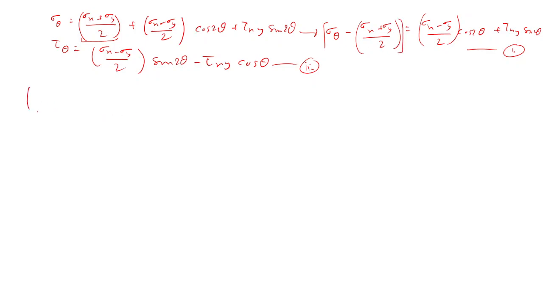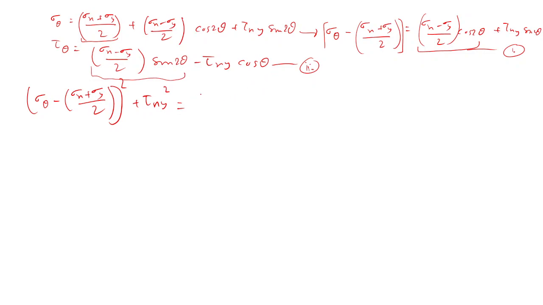So what will come? Sigma theta minus (sigma x plus sigma y) by 2, whole square, plus tau theta square, is equal to square of this and square of this.